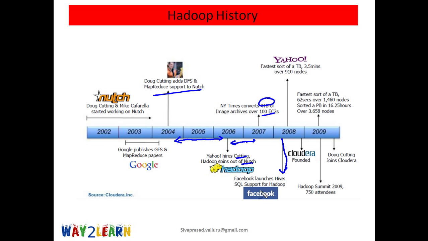Don't worry, we will be discussing Hive in detail later. Just understand that in 2008 Facebook launched Hive support for Hadoop. And at the end of 2008, Cloudera was founded and Doug Cutting joined Cloudera. This is a brief history of Hadoop.